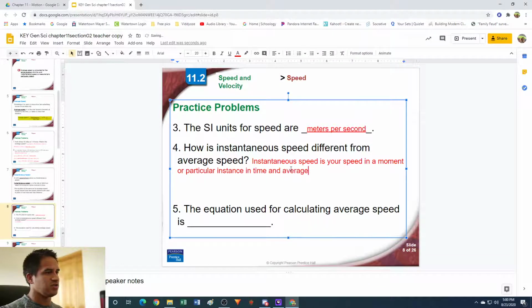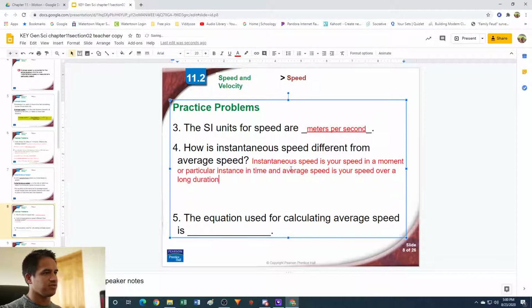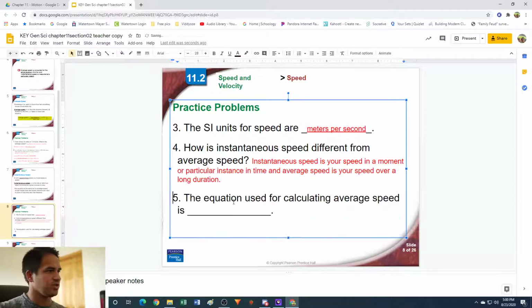And average speed is your speed over a long duration. You can go back and use the definitions from the notes if you wanted to, but I always like to put answers in my own words so that I have a better understanding of what they mean.